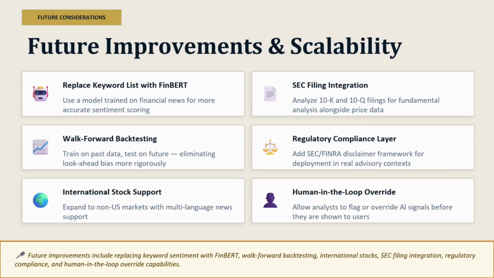Fourth, integrate SEC filing analysis such as reading 10-K reports. Fifth, add a regulatory compliance layer to meet financial industry requirements. Sixth, include a human-in-the-loop override, so analysts can review AI signals before users see them.